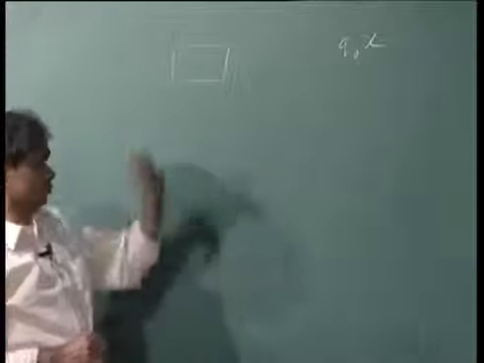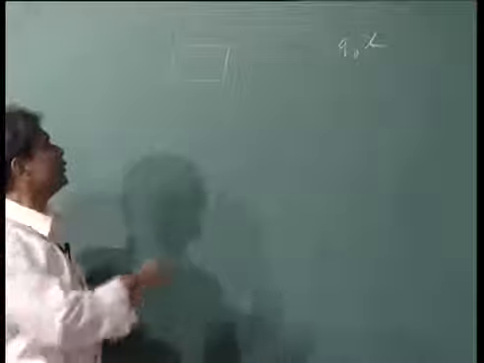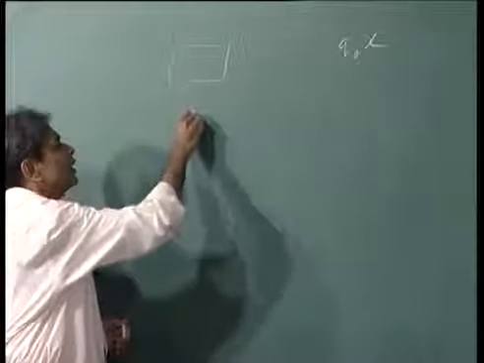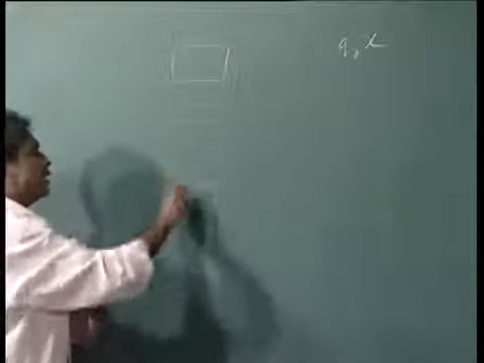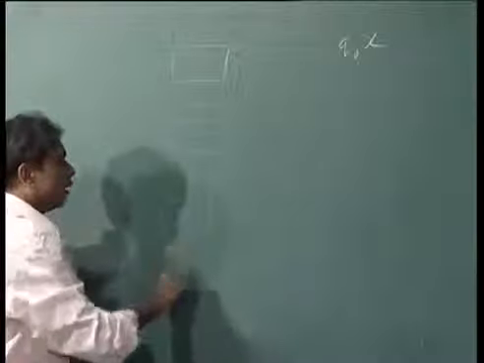Now, in case of a deterministic Turing machine, from this configuration, deterministically or uniquely, the machine will go to another configuration and then another configuration and so on.